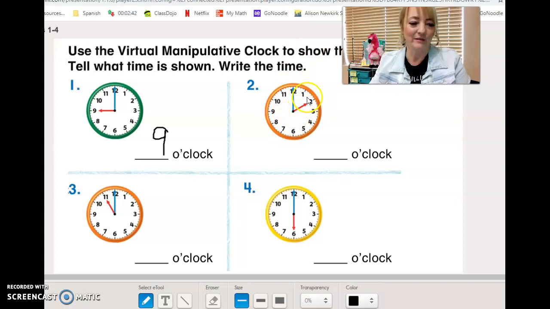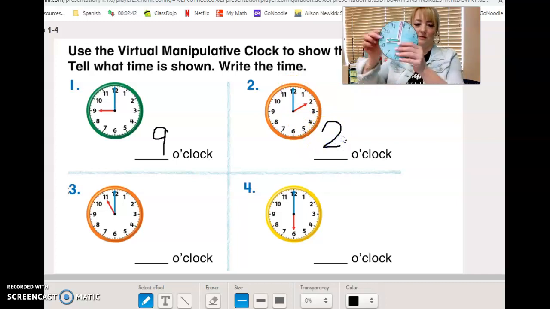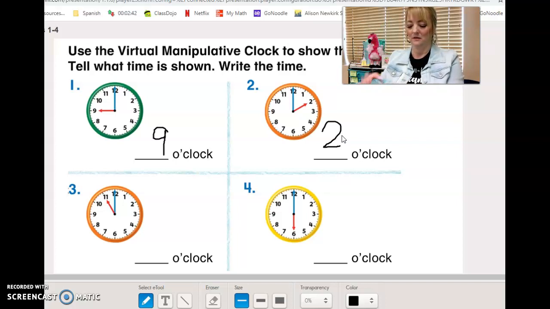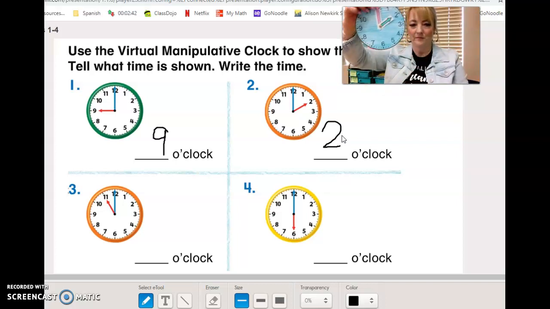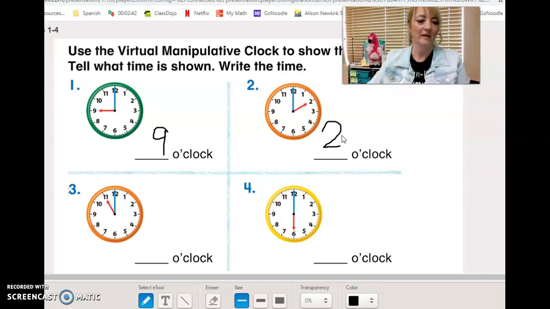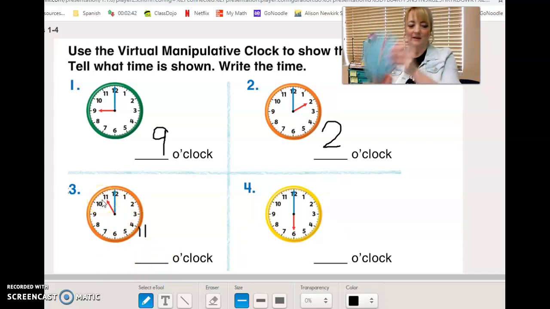Now, on number 2, we have the hour hand pointing to the 2, and then straight up, so that means 2 o'clock. So we'll show that on our clock. 2 o'clock. Now we have 11. You can see it doesn't let me write down that low, so I'll write it up high. 11 o'clock. So I'm going to show that on your clock.